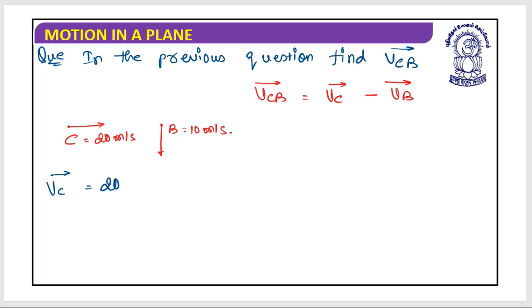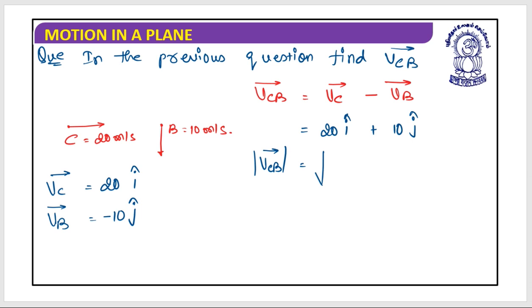So VC is 20 i cap, VB is minus 10 j cap. So that should be equal to 20 i cap minus minus, plus 10 j cap. If I find the magnitude of VCB, it's root of 20 square, which is 400, plus 10 square, which is 100.